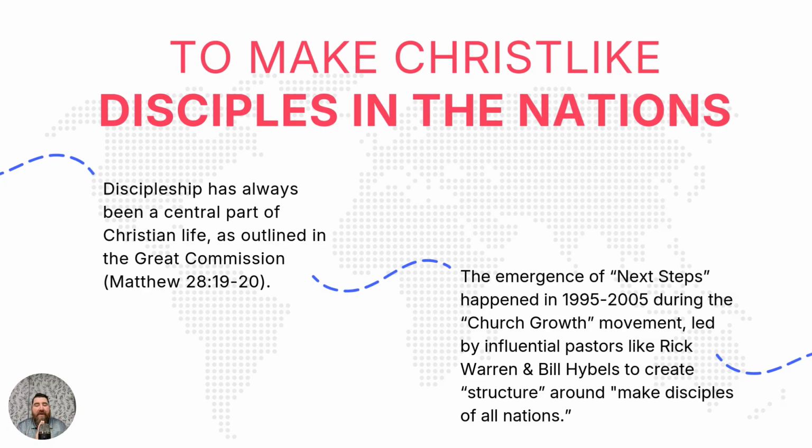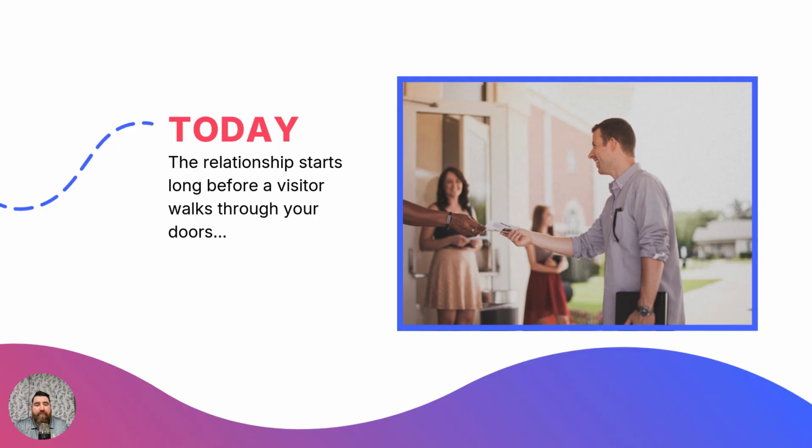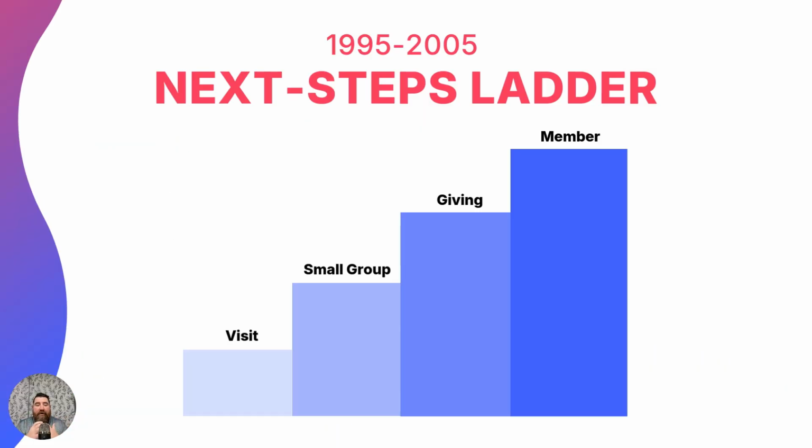It was a way for us to measure assimilation or church health or church growth, and it allowed us to see people moving through phases of their relationship with the Lord as they deepen their relationship with your church. But the fact of the matter is that people's relationship with your church actually starts long before they ever walk through the front door. And so we need to think through a critical way to solve this existing ladder.